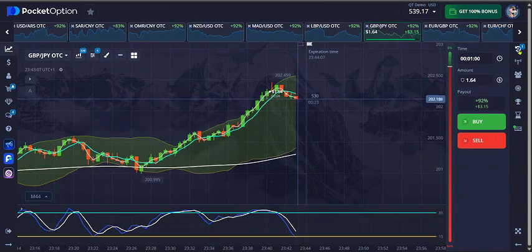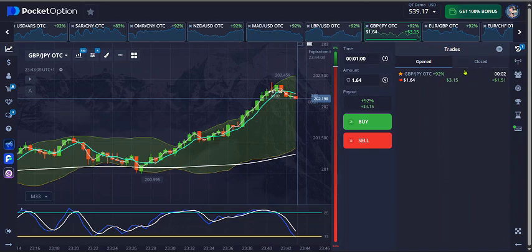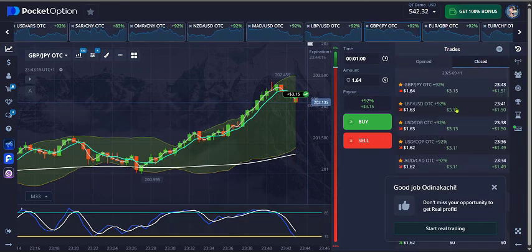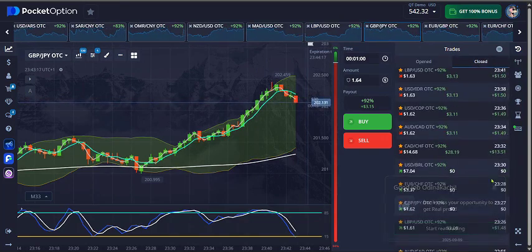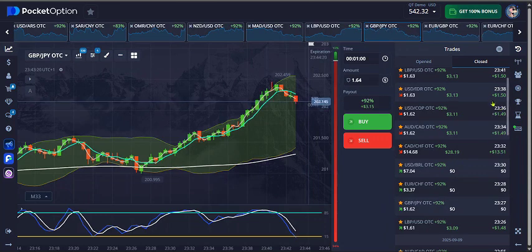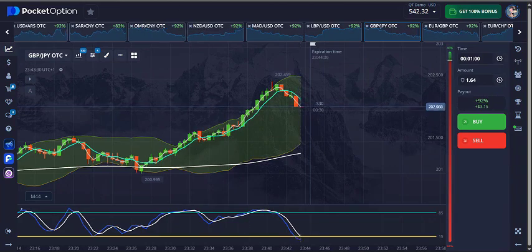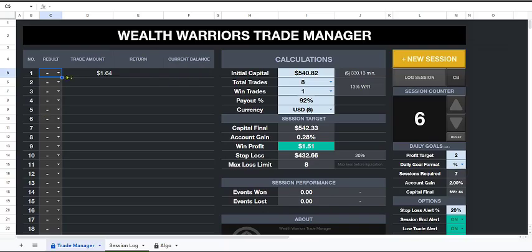If we look at our trading history for today, we had multiple wins. You can see it was a win here, multiple wins. That is really good. That's to show you how effective this strategy is. We're on a marathon win.